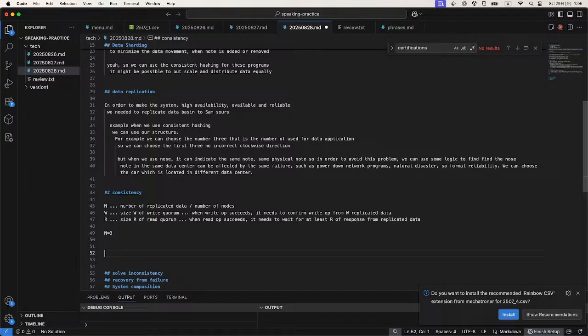So the configuration of W, R, N is a typical trade-off of latency and consistency. For example, if W or R is 1, the coordinator just waits for one response of them, so the operation is very quick.